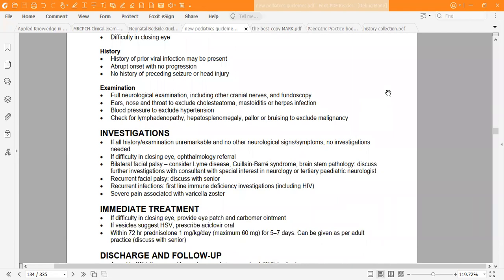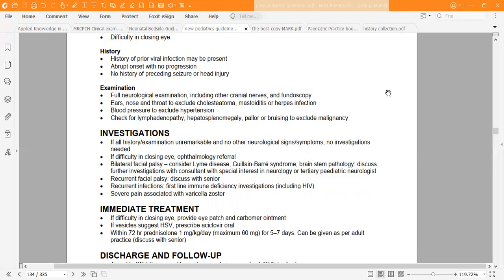On examination, you will focus on a full neurological examination, including other cranial nerves and fundoscopy as well. You will have a look at the ears, nose, and throat to exclude cholesteatoma, mastoiditis, or herpes infection. This may predispose to facial palsy.